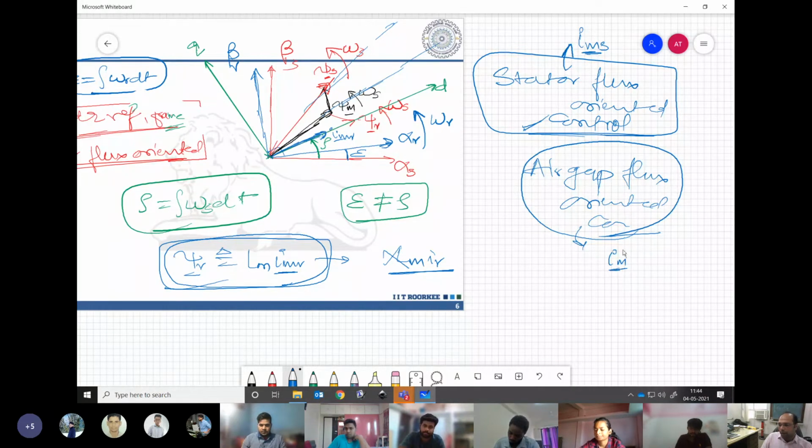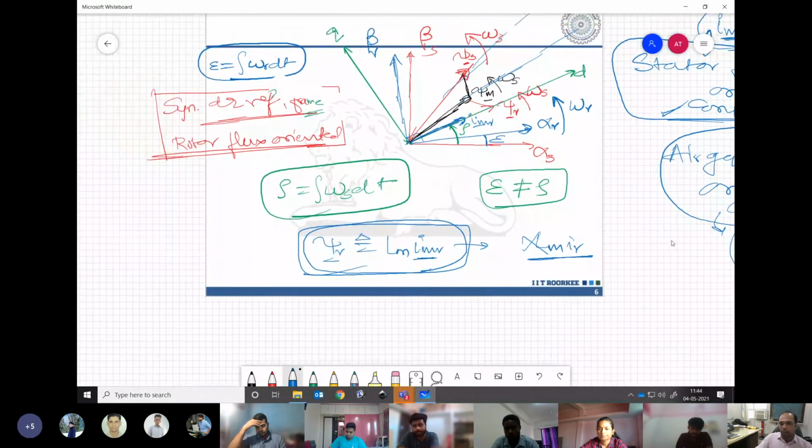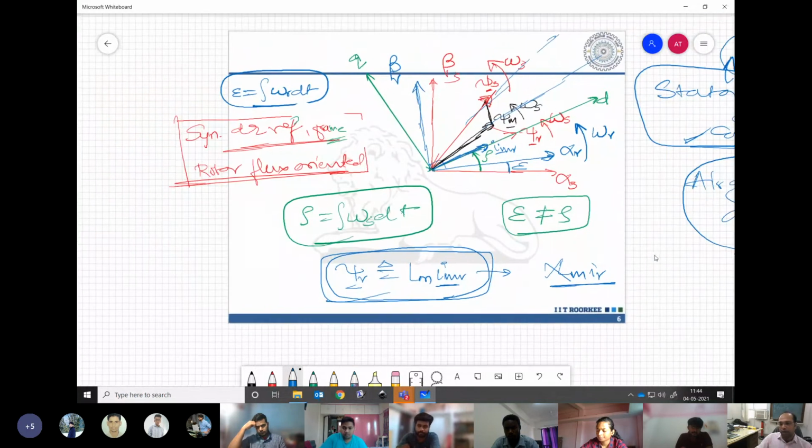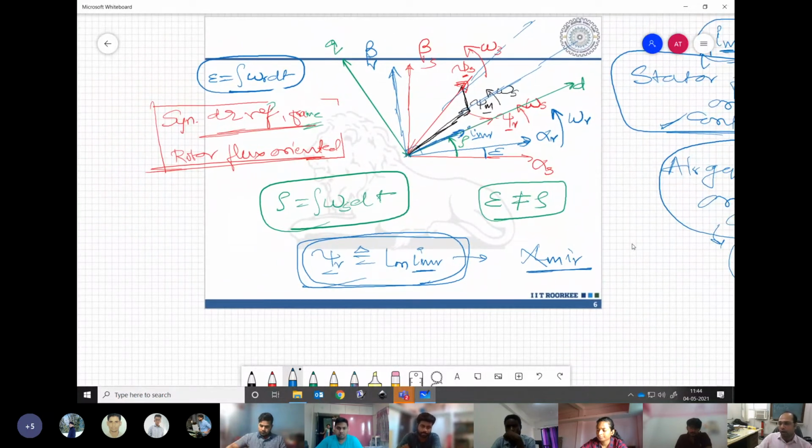This is the quantity which we will try to control. Is that clear? Yes, sir. For our purpose, because we have seen that it simplifies a lot of things, we will be using this as our tool, IMR.